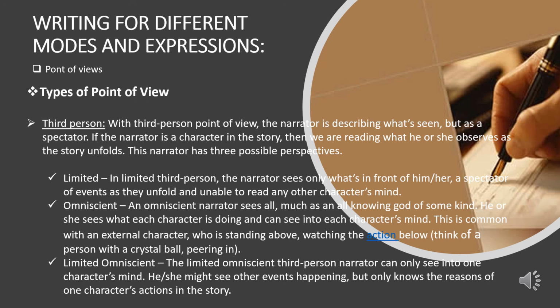Limited omniscient. A limited omniscient third-person narrator can only see one character's mind. He or she might see other events happening, but only knows the reason of one character's actions in the story.